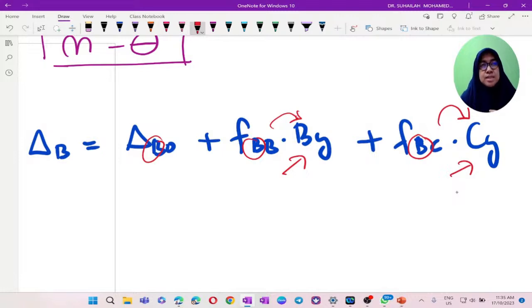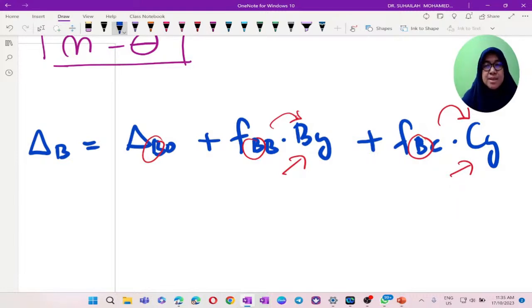We will do the same for redundant number 2, which is located at C. It is delta because BY and CY are forces, and the deflection here is induced by BY and CY. So move to the second equation.